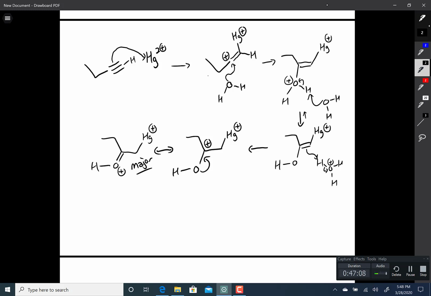Now, you can draw these molecules, since the resonance structures represent the same molecule. So therefore, you can go directly from this intermediate right to this major resonance structure. The way you do that is you add another arrow.